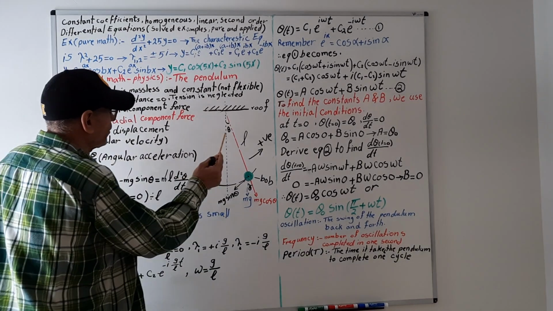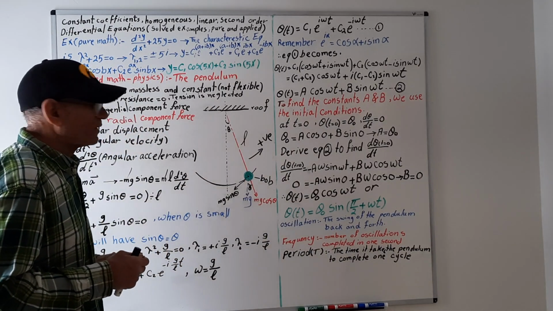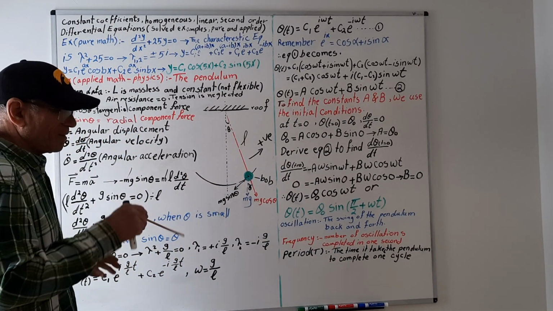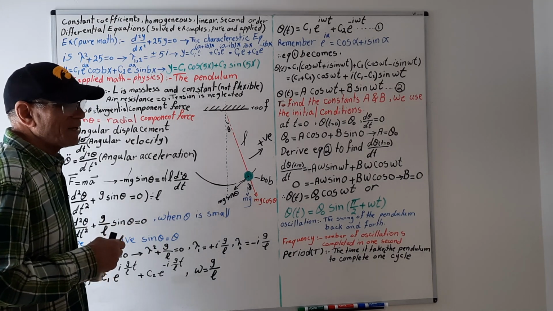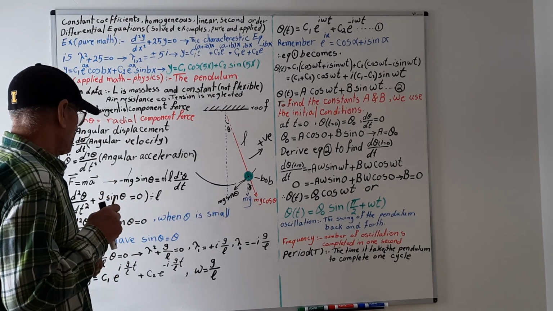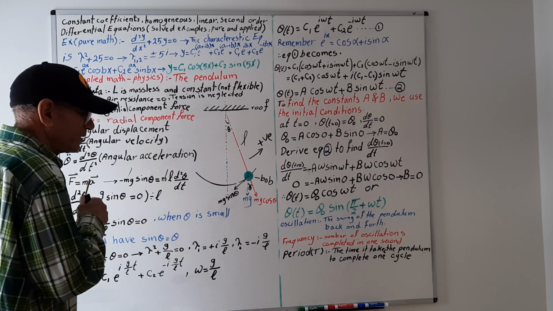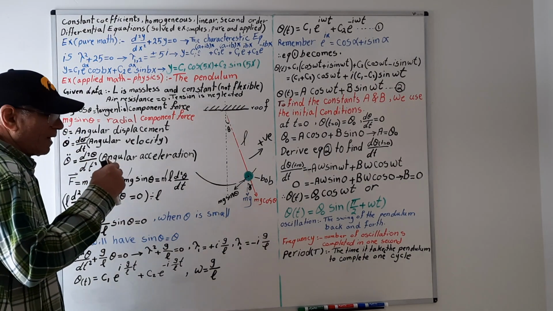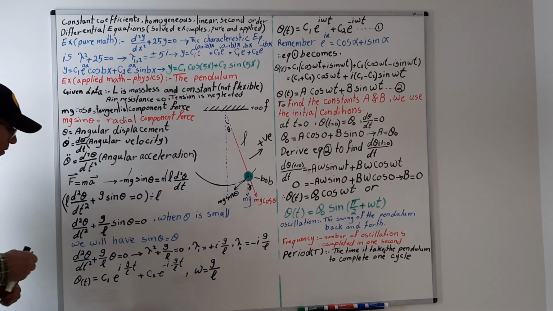is an approximation. We take theta small, maybe less than 15 degrees. In this range, theta is approximately equal to sine theta. I mean the sine and theta, from 0 up to 15 or 14 degrees, are almost the same.